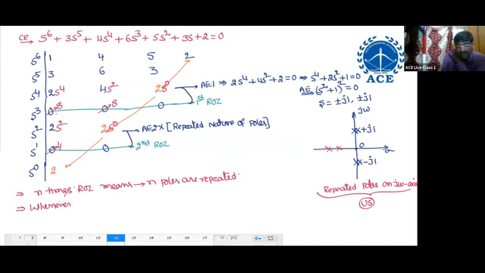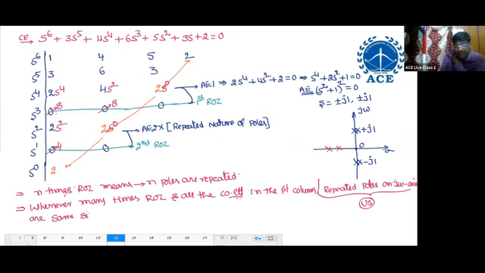Whenever many times row of zeros occurs, and all the coefficients in the first column are positive, that is, of the same sign, the system is unstable.